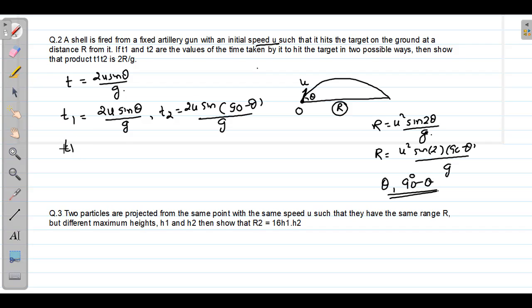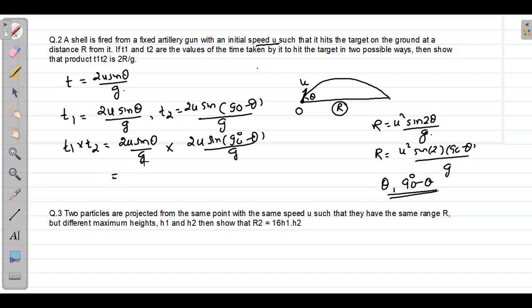As per the question, we have to find t1 into t2. It is equal to 2u sine theta by g into 2u sine 90 degree minus theta by g.